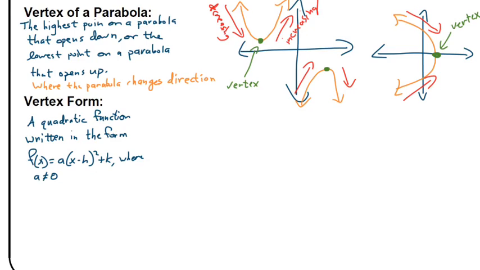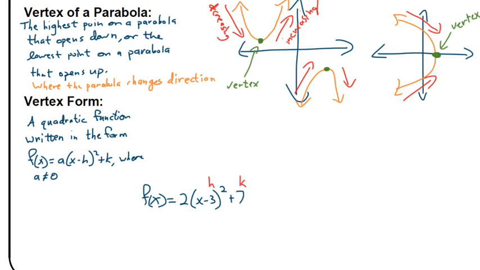So, for example, and this is why it's called vertex form: if I have f of x equals, let's say, 2 times the quantity x minus 3 squared plus 7, your h and your k are where your vertex is.